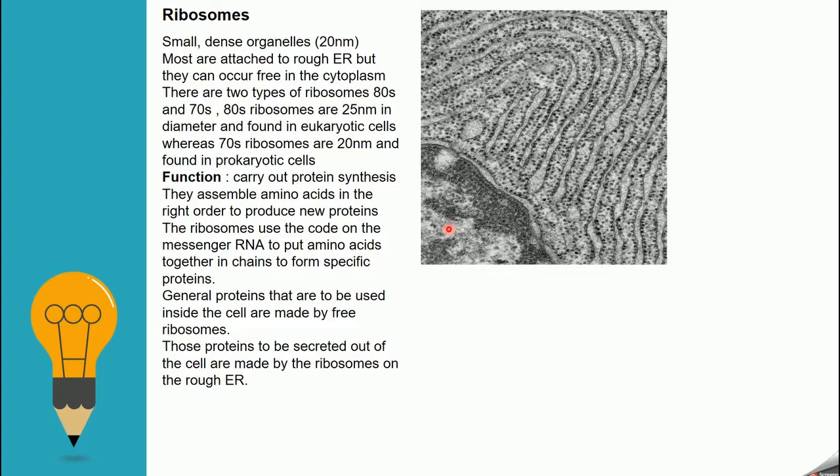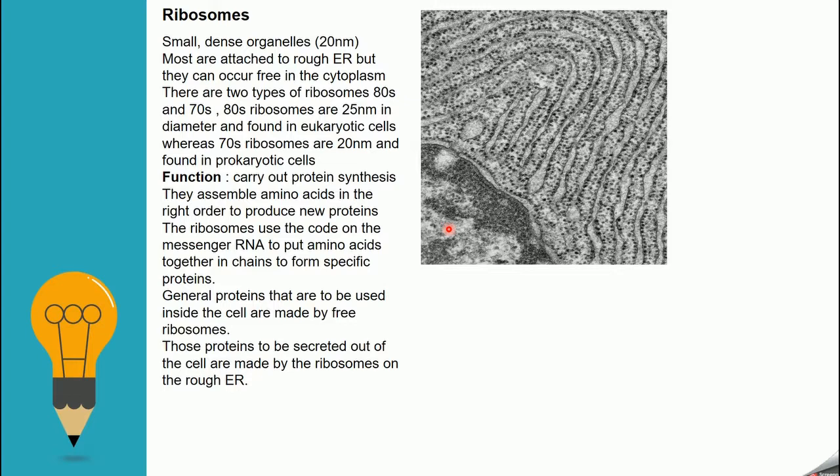So, ribosomes. Now, I've already mentioned this before. It is on the rough endoplasmic reticulum. So these ribosomes are small, dense organelles, about 20 nanometers long. And most are attached to rough endoplasmic reticulum, but they can occur free in the cytoplasm as well.